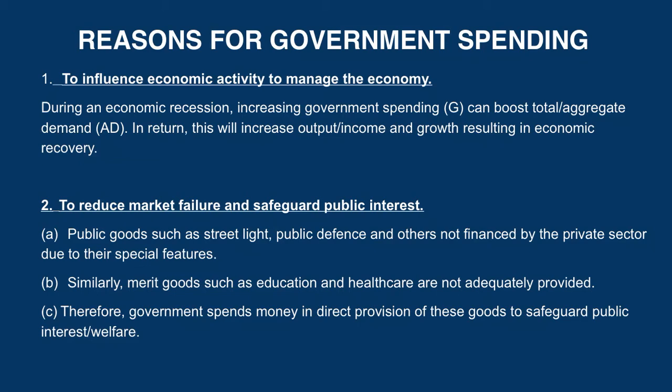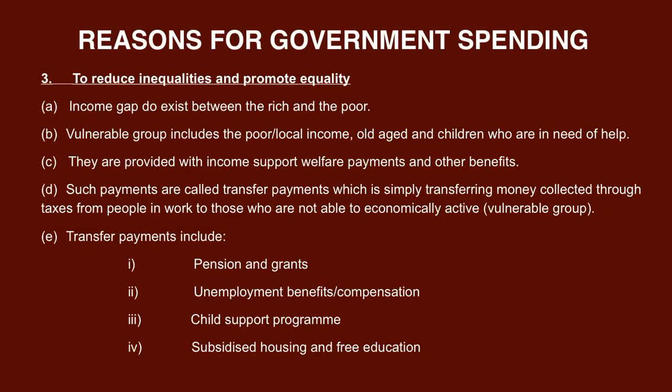The third important point that you have to remember is to reduce the inequalities and promote equality, or we can say to reduce the poverty level, to reduce the gap between rich and poor. We can also say the government would like to spend to reduce the income gap between the rich and poor.